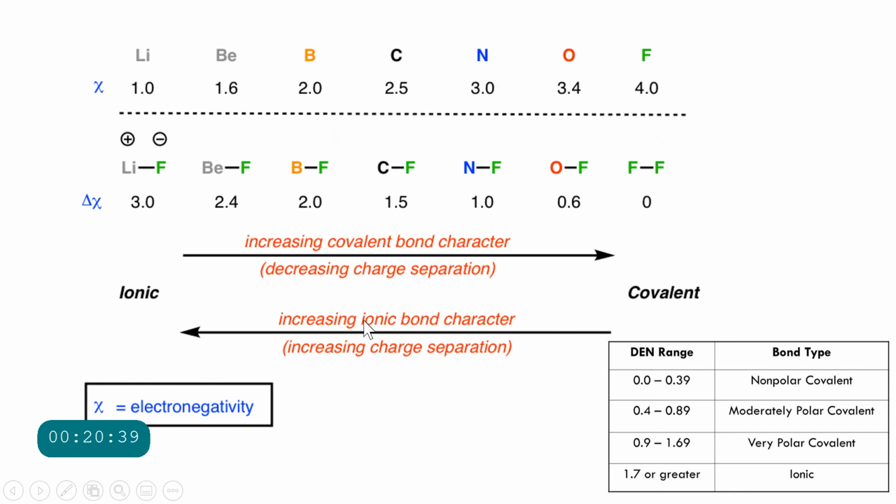And then as you're going this way, it's increasing the ionic bond character and increasing the charge separation. So when you're looking at this chart here, 1.7 or greater is ionic. As you go this way, it's getting more ionic. And as you're going from a higher level to a lower, you're increasing the covalent bond character.